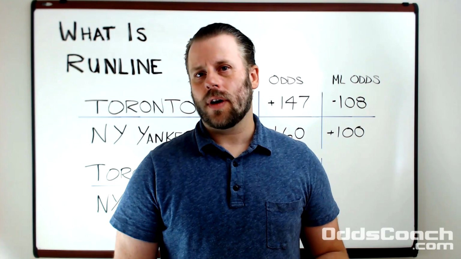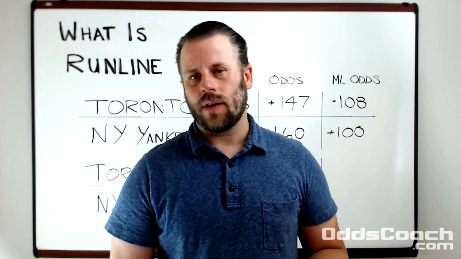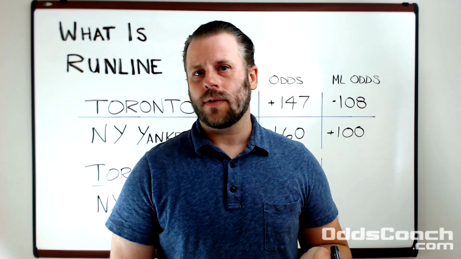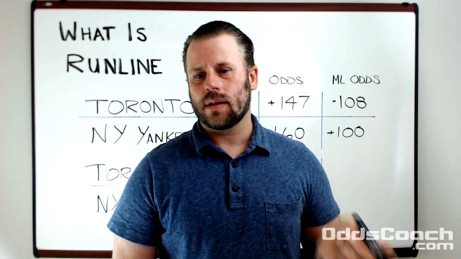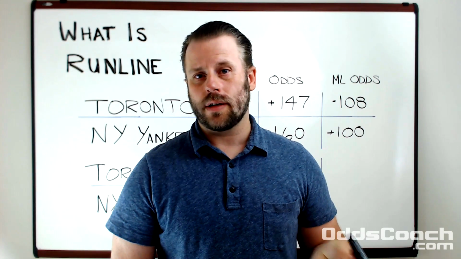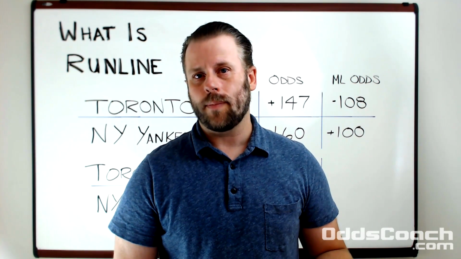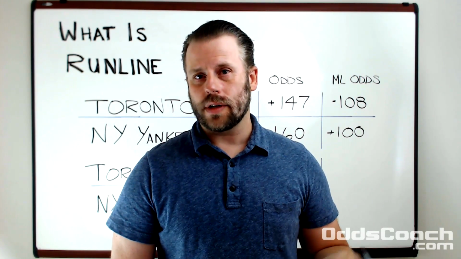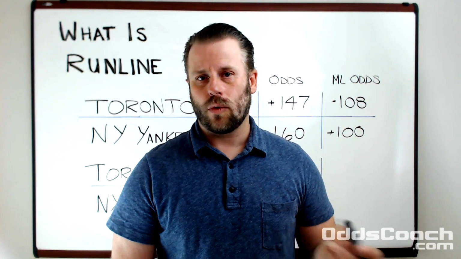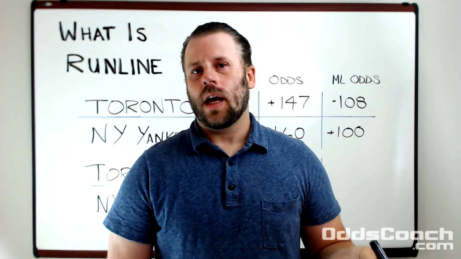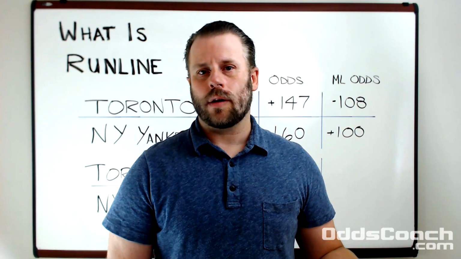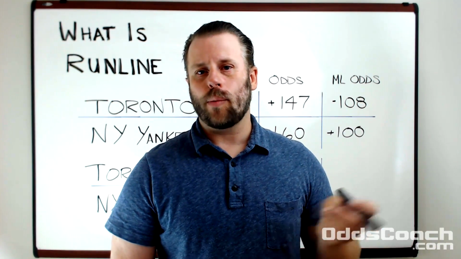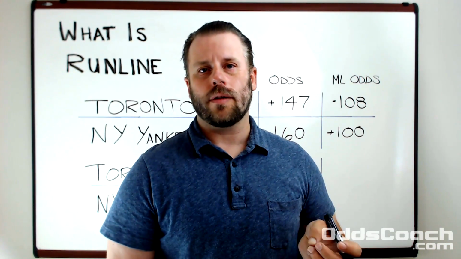It differs from spread betting in NFL and NBA in that it's designed specifically to add a set number of runs to the outcome of the game. So in Major League Baseball, that's almost always minus 1.5 runs or plus 1.5 runs. And what that does is gives the sports bettor a little different look at the odds, perhaps helping them make a choice on one side or the other.